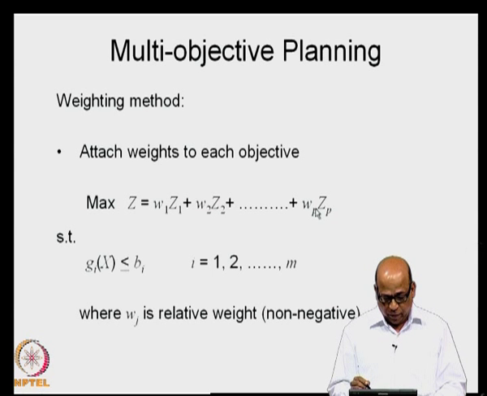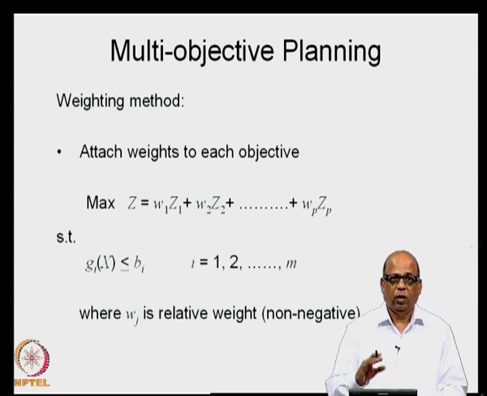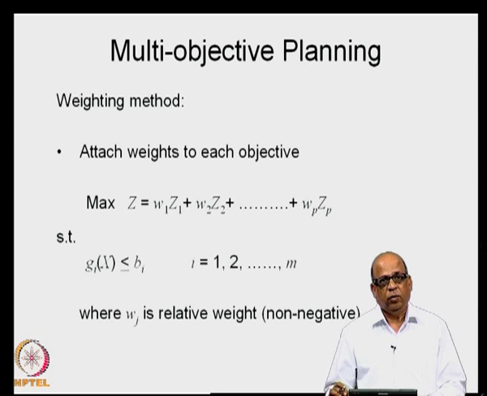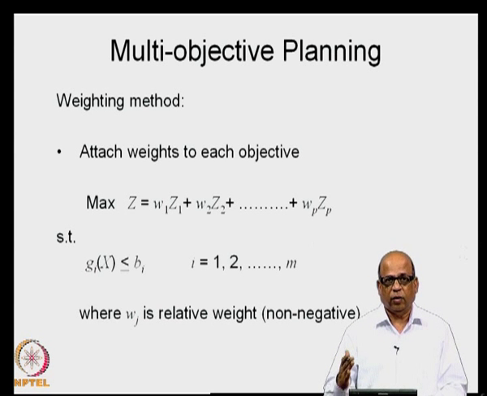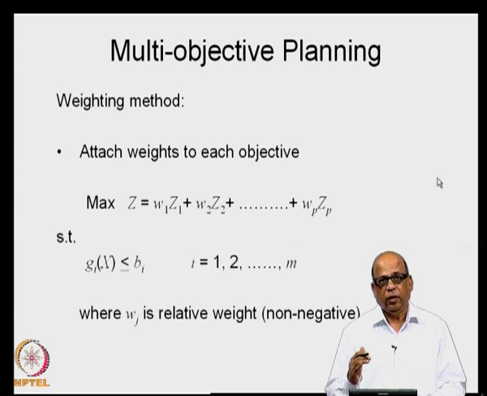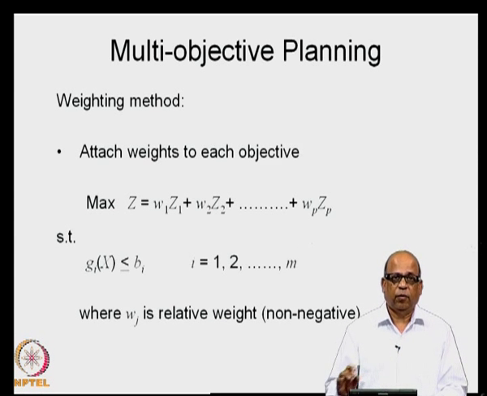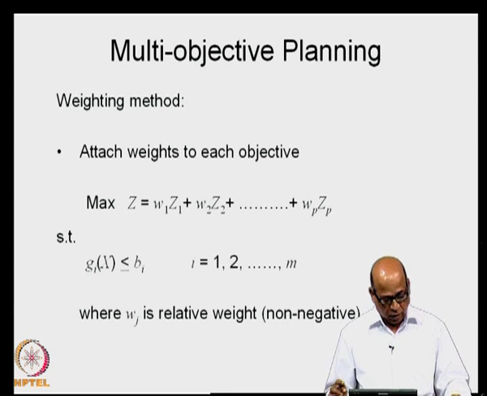Obviously, these weights will be based on some judgment about the system. So, these are typically decided based on what kind of priorities you would like to give to different objectives. Like I said, drinking water may always get the highest priority, and therefore, you may assign a very high weight to drinking water, such that the other objectives will be satisfied only after the first objective is fully satisfied, and so on.